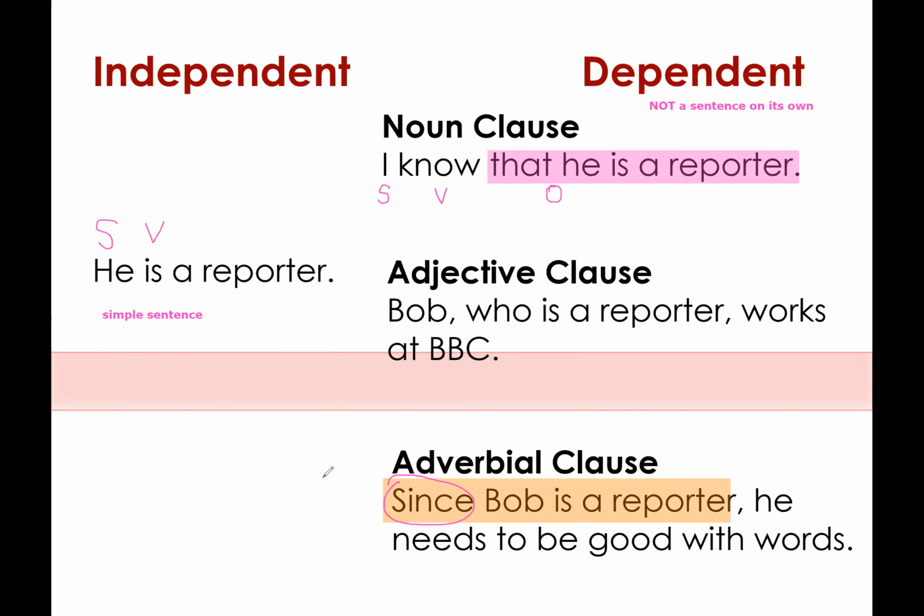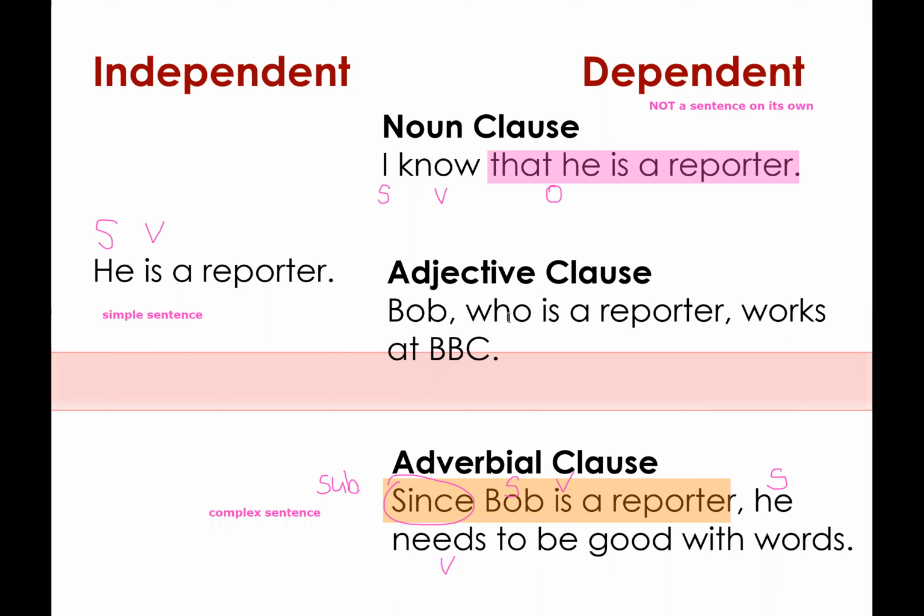Whenever you have a subordinator, it makes a clause dependent. So even if you have subject and verb, Bob is, it is now a dependent clause. It needs to be paired with an independent clause, which is "he needs to be good with words," and that together forms a complex sentence.